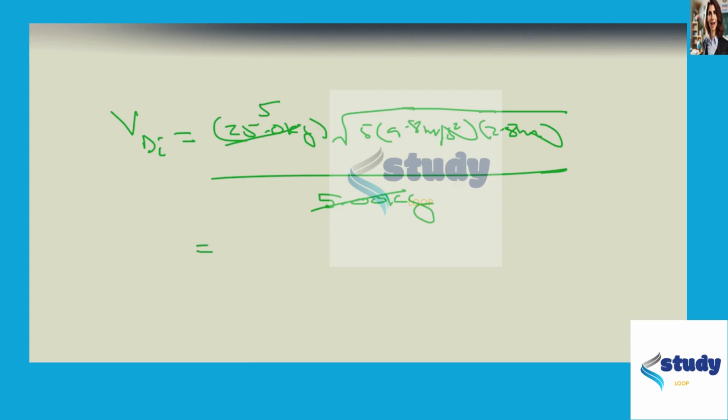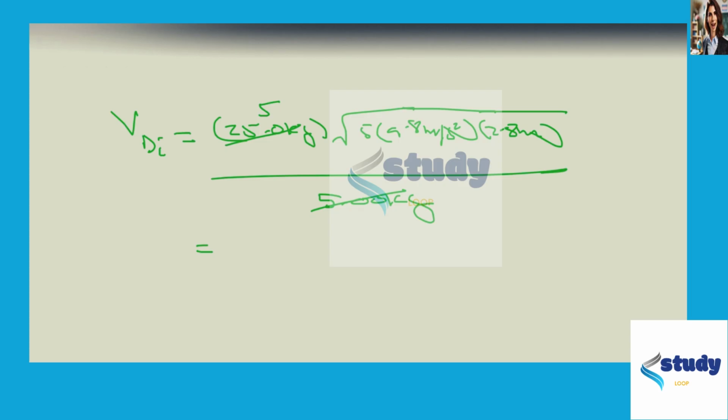And then we can use a calculator: this is the square root of 5 times 9.8 times 2.8, and then we have to multiply that by 5.